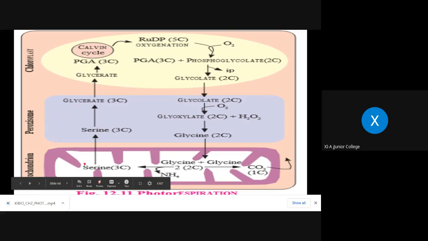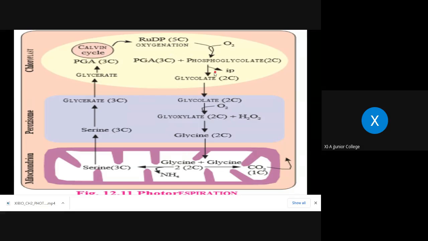What happens? In the Calvin cycle, which takes place in the chloroplast stroma, RuBP or RuDP undergoes oxygenation, that means it has affinity with oxygen. So what is produced? Phosphoglycolate as well as phosphoglycerate is produced, with the release of one inorganic phosphate.